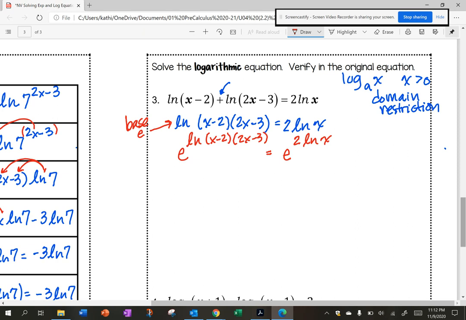Oh, I guess I'm going to do one thing first here. I am going to bring this exponent up here, so this is e to the ln of x squared.